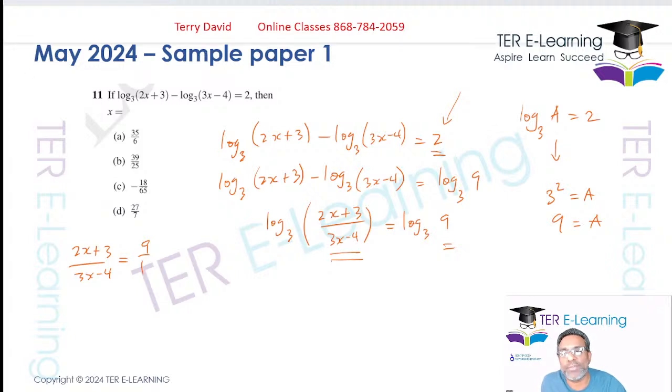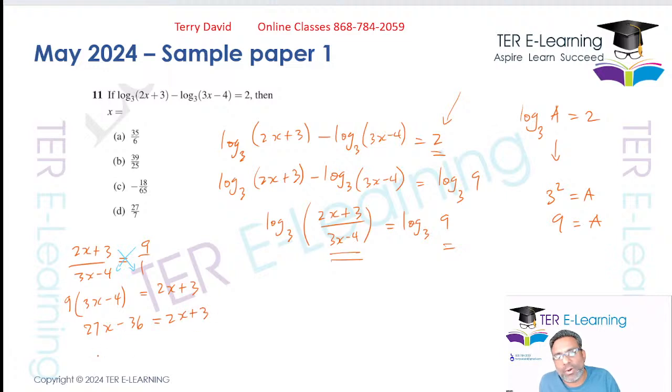If you want to solve this, you all could try to solve it. We're going to cross multiply in order to simplify this. So 9 multiplied by 3x minus 4 is equal to 2x plus 3. 9 3s are 27x minus 36 is equal to 2x plus 3.